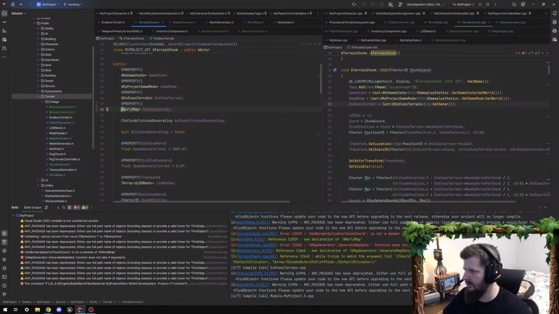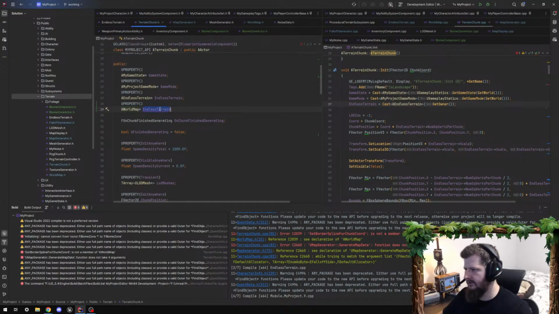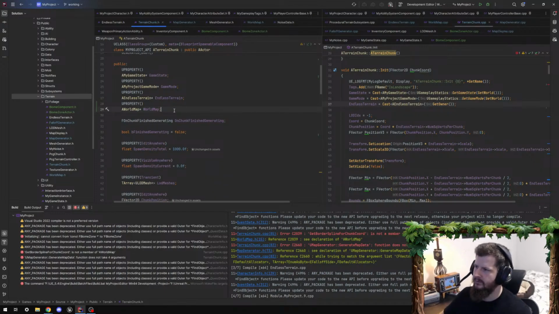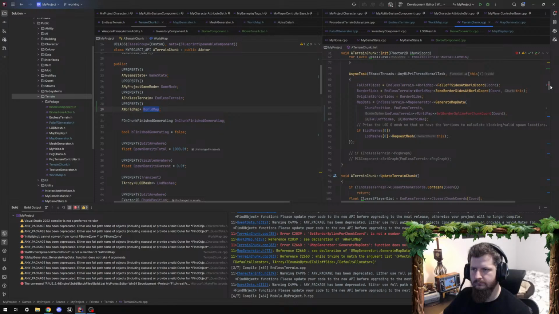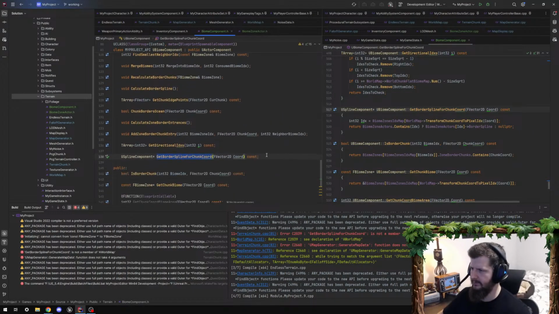We're gonna do a world map. I'll add a forward declaration. Then I want a biome component. Actually, we'll just reference it from the world map. I think that's good. Are you private? Yeah, you're private.